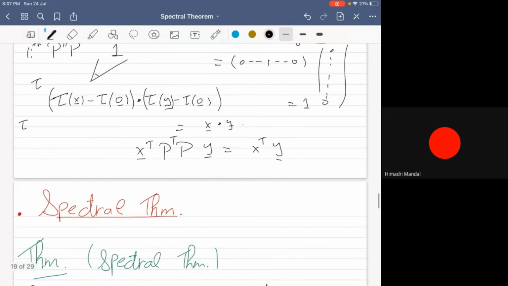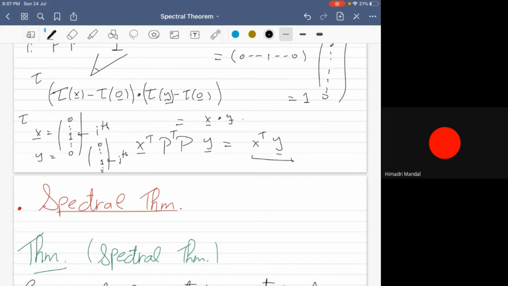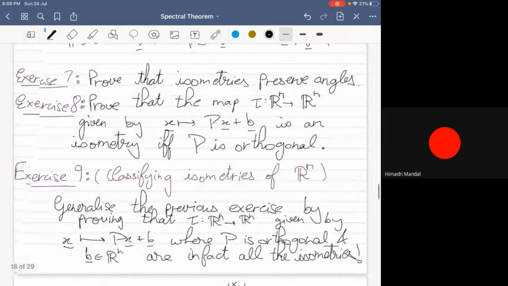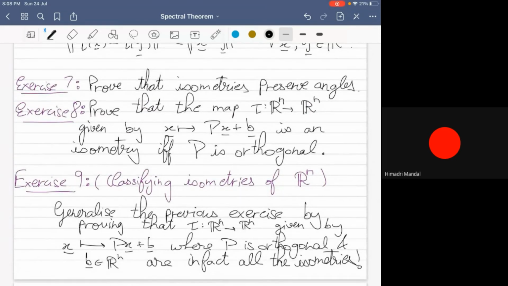Then take x to be the column vector with 1 at the ith place, and y to be the vector with 1 at the jth place, then this thing would be 0 if i is not equal to j, and the left hand side would be the ijth entry of P transpose P. So that would guarantee that P transpose P is identity, which means that we just proved that a map of this form is an isometry if and only if P is orthogonal.